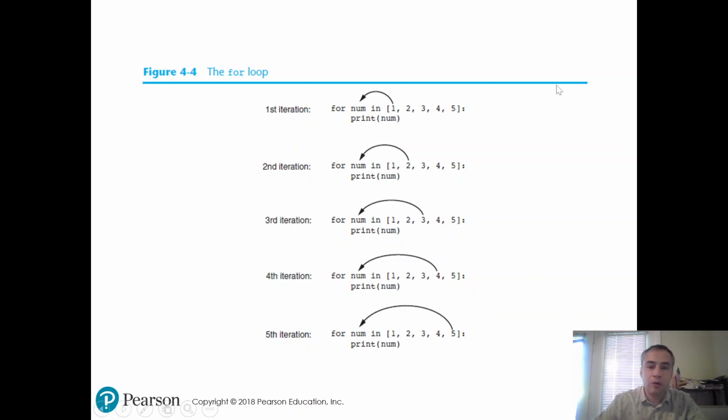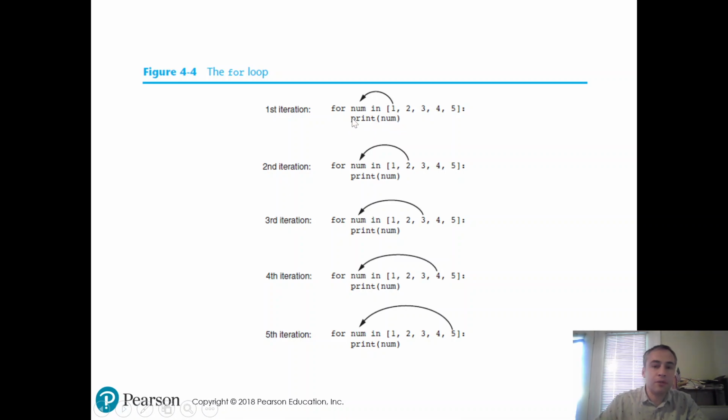So we have a code: for num in 1, 2, 3, 4, 5, print num. The meaning of this is the following. Num is a variable, and on the first iteration, num is assigned the first value on the list, which is 1, and the indented statements, in this case it's just a print statement, is executed, and 1 is printed.